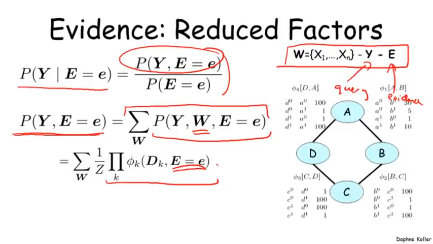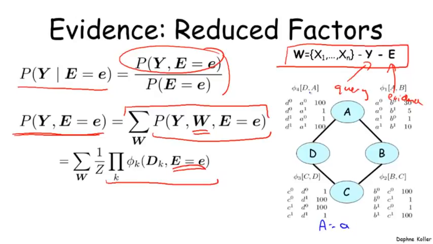So to understand what that means, let's look at this example over here. And let's imagine, for example, that we have an observation, say A equals little a0, and we want to compute the probability of the distribution in the context of this observation.